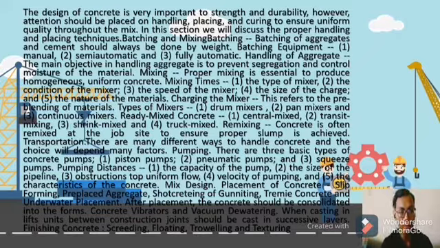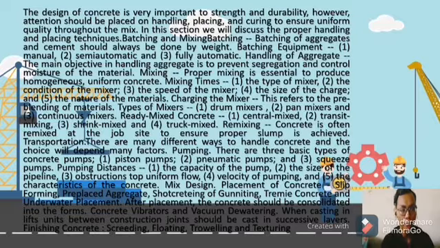Third, obstruction to uniform flow. Fourth, velocity of pumping. And fifth, the characteristics of the concrete. And then mix design. If concrete is to be pumped, it should be designed to be plastic, with emphasis on quality control and uniformity of components.